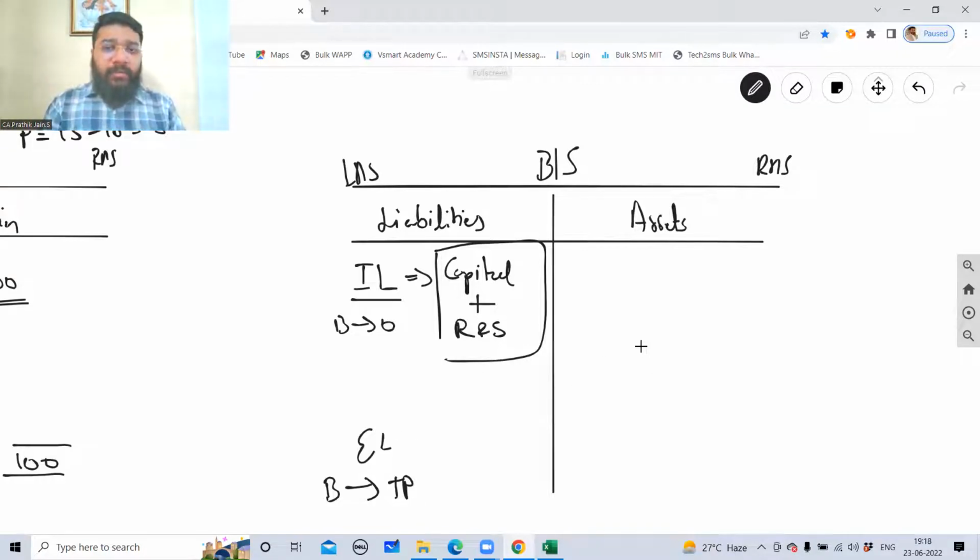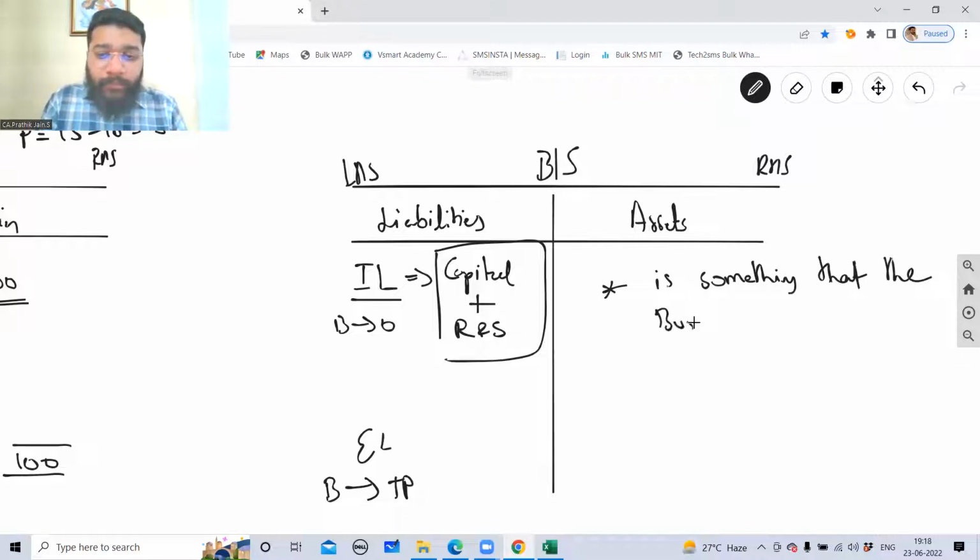Asset. So asset is something I told you which you own. If you remember, I gave you the two pointers in the last class. What is asset? Asset is something that the business owns. You own it. The business owns it.